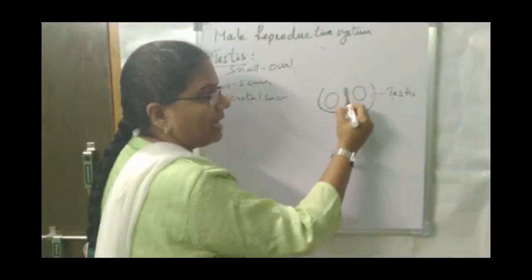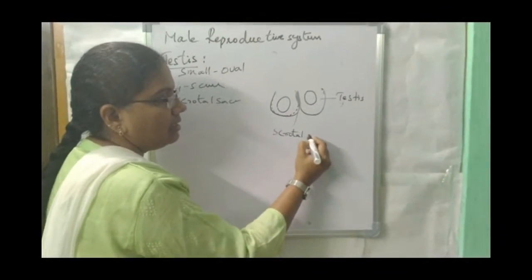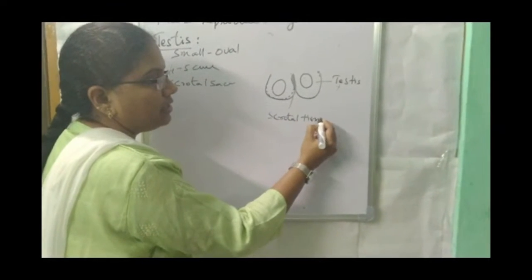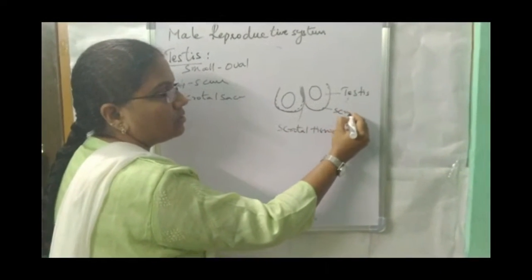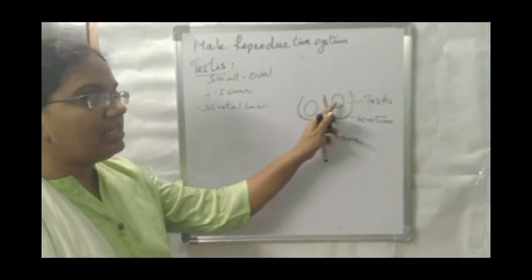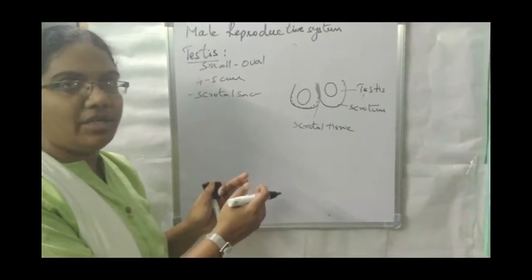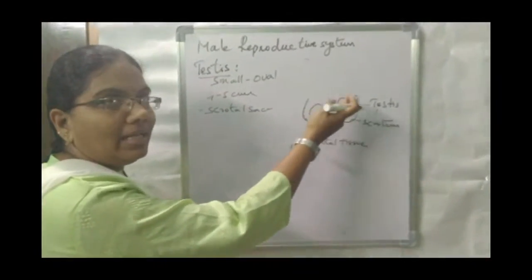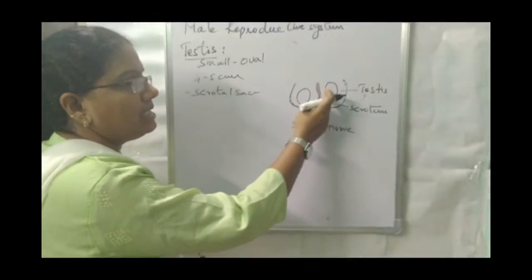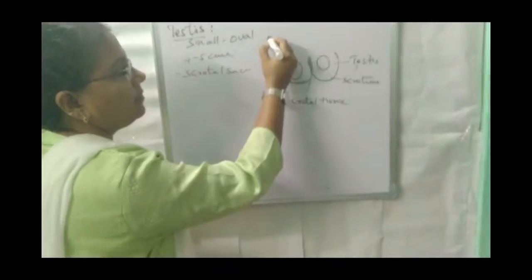The scrotal sacs are separated by scrotal tissue. This is the scrotum. Testes are oval in shape, and they are not at an equal level in position. One is lower than the other. These two testes are located in the scrotal sacs.